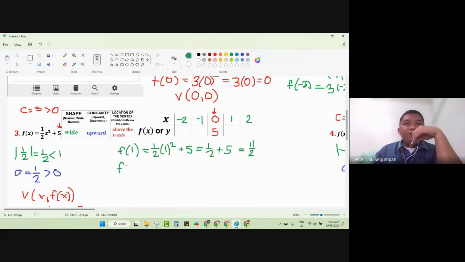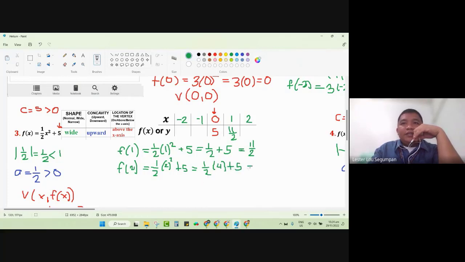Next, for f of 2, you'll have 1/2 times 2 squared plus 5. Don't worry about fractional values. You just need to identify the correct placement of the points later. By the way, this is 11 halves or 5 and 1/2. As for this, you have 1/2 times 2 squared, which is 4 plus 5.